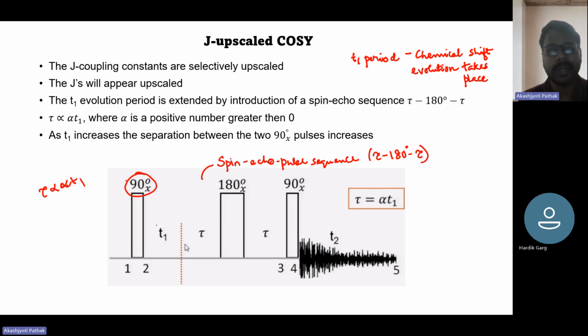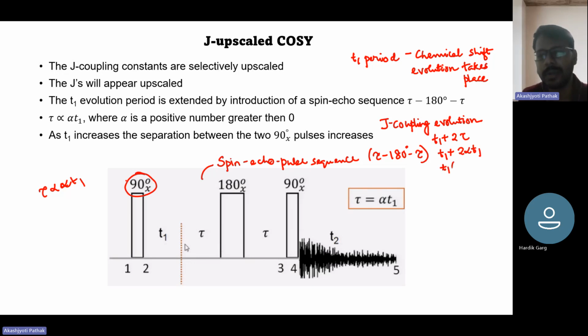We will see a chemical shift evolution only in the T1 period, while the J coupling evolution will take place for the entire time duration T1 plus 2 tau, or you can also write it as T1 plus 2 into alpha T1, which is T1 into 1 plus 2 alpha.